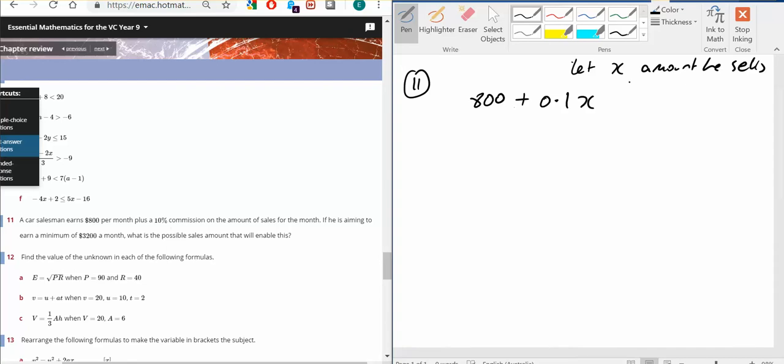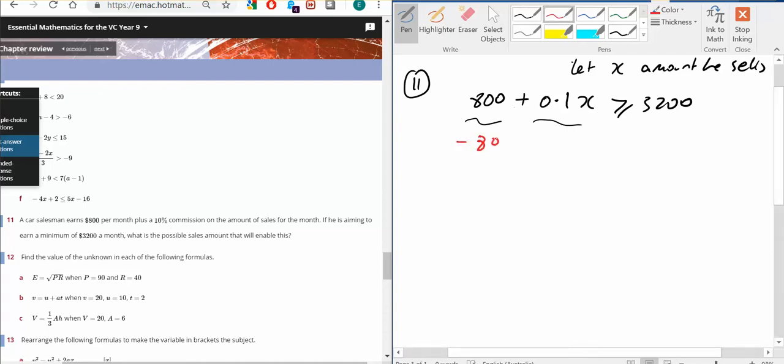Okay. And we know that he needs to earn a minimum of $3,200 per month. So that's an inequality. Whatever he earns, $800 per month plus 10% of the amount he sells, the total has to be greater than or equal to 3,200 because it wants a minimum of 3,200 per month. So we're going to solve this inequality.